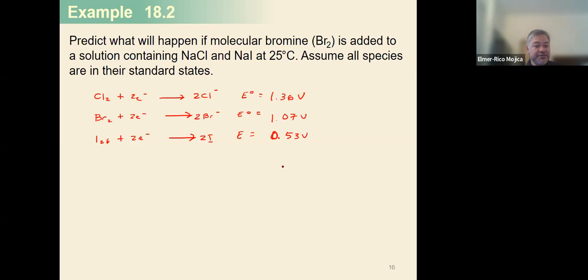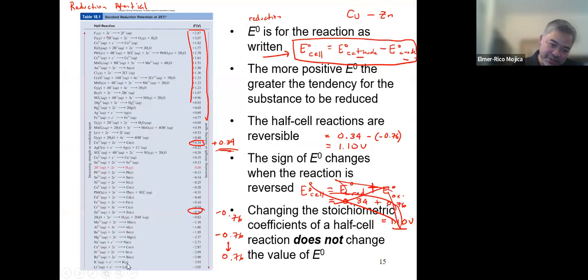Now, there is other information that you can get here. I can ask you which is the strongest oxidizing agent. If you look at the table, you can see that arrow here. The higher the reduction potential, the greater the oxidizing agent, increasing order of oxidizing agent.